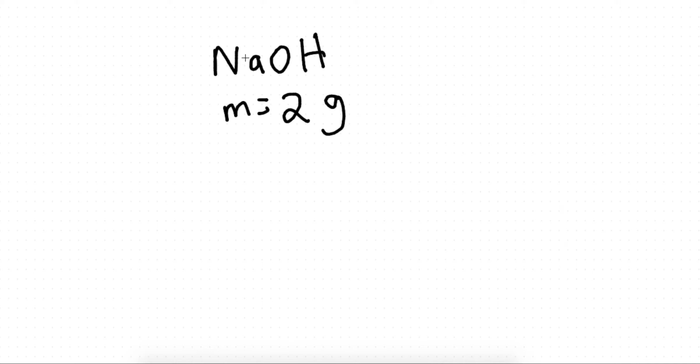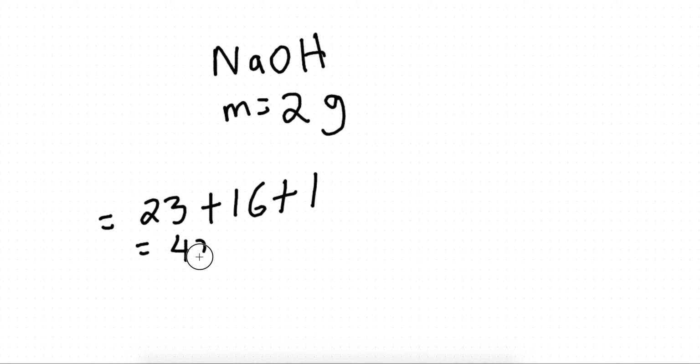So let's think. I have the mass, I need to find the moles. Can I get the molar mass? Of course I can. Now I'm just going to do a quick one, I'm not going to explain it step by step to find the molar mass. You guys know how to do it. Sodium hydroxide is sodium, which is 23, oxygen, which is 16, and hydrogen, which is 1. So 23 plus 16 plus 1 is 40 gram per mole. This is our molar mass.